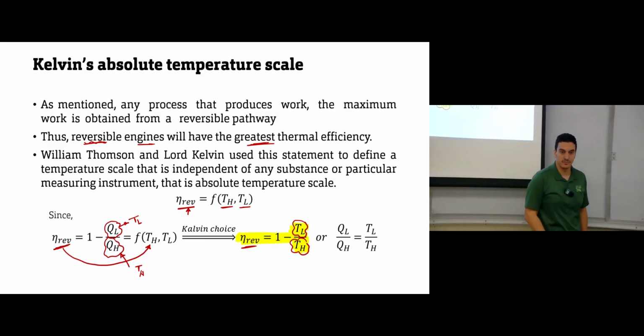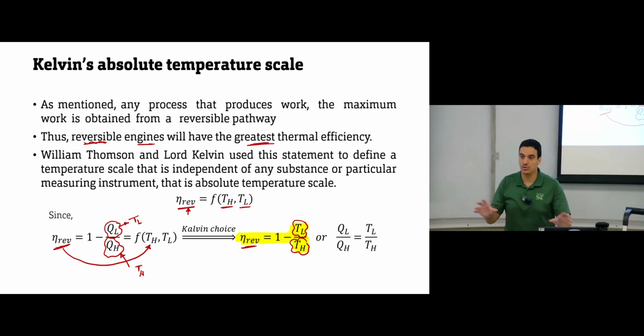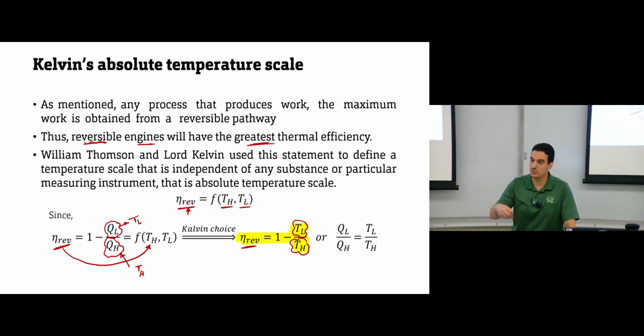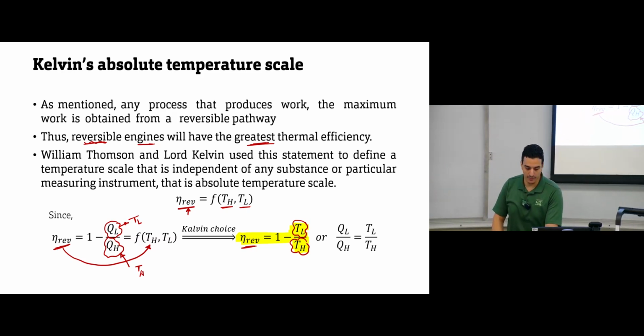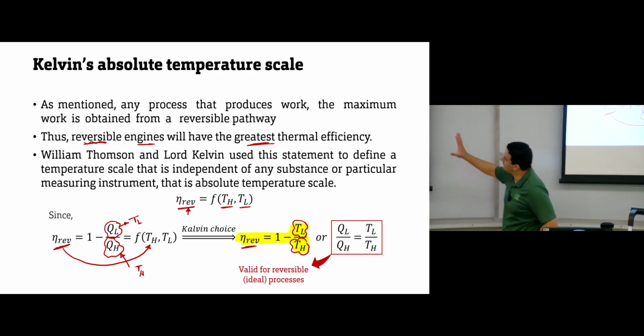This is usually much easier, because you have the temperatures, so there is no need to apply the first law of thermodynamics or do any energy balance to find work or Q. You just substitute the temperatures in the equation and obtain the efficiency. Clear?